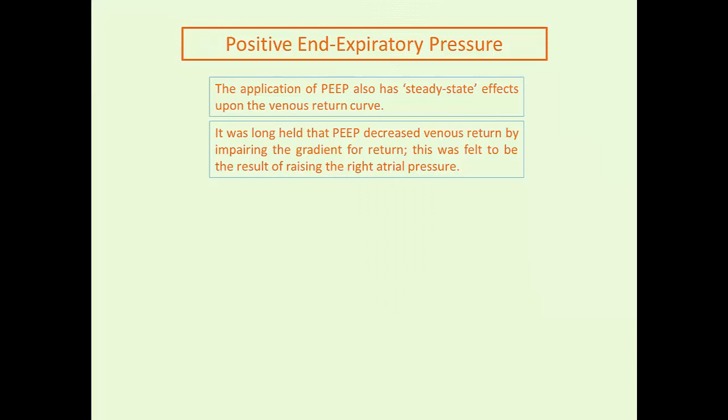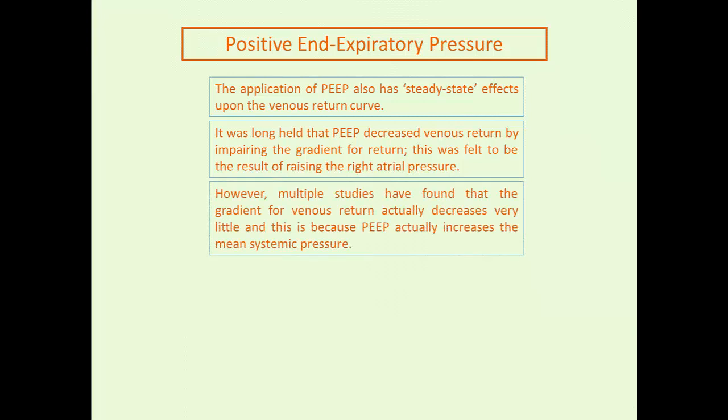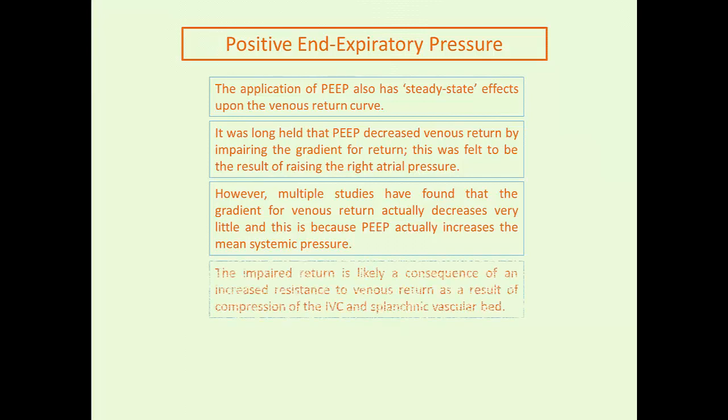So in actuality, these maneuvers do not affect the gradient for venous return really much at all. I think this was first suggested by Scharf and colleagues maybe in the early 80s, and then experimentally confirmed by Fessler et al. in the early 90s as to how PEEP truly affects the venous return curve.